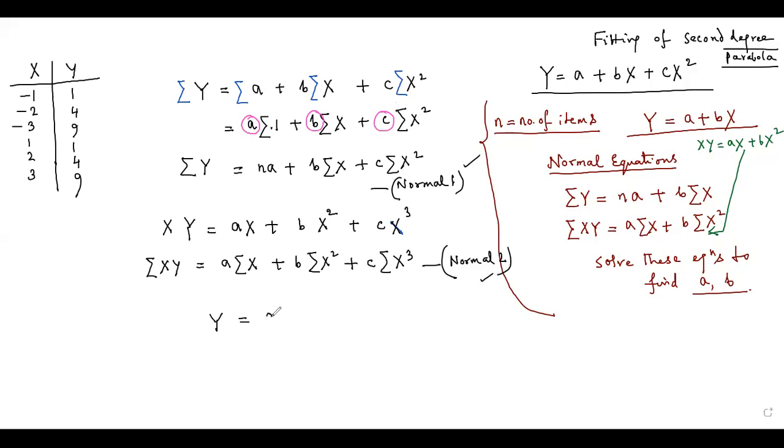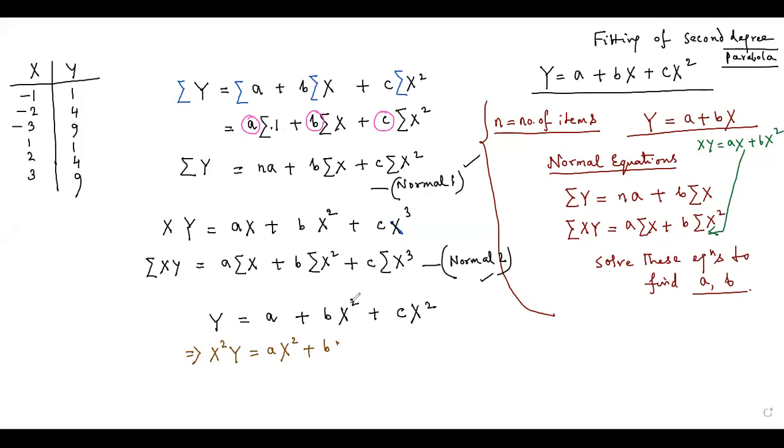This time, we are going to write the equation once again. This is my equation, and now I am going to multiply both sides by x square. So we get x squared y, a x squared.